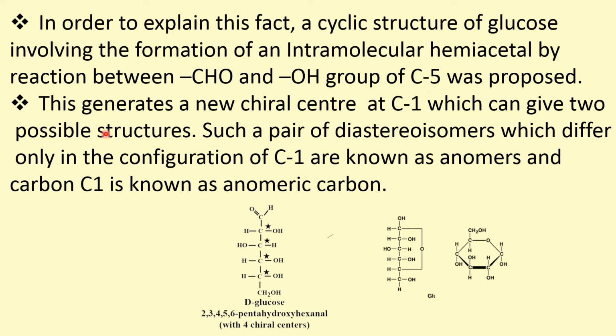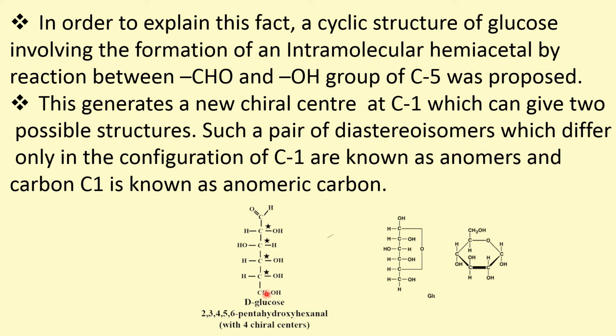Okay? And this generates a new chiral center at C1 which can give two possible structures. Such a pair of diastereoisomers which differ only in the configuration of C1 are known as anomers, and the carbon C1 is known as anomeric carbon.